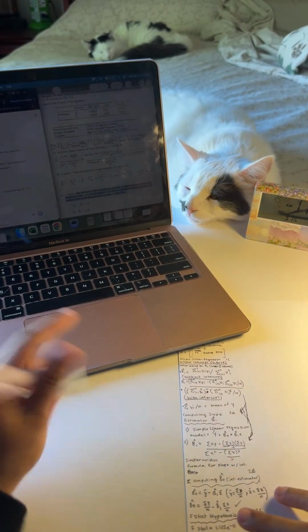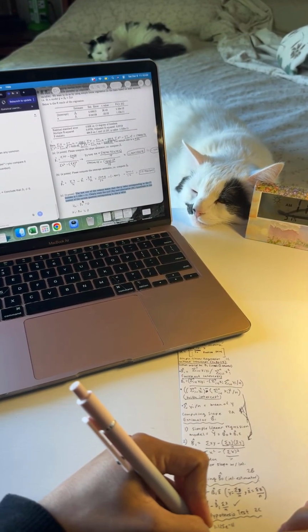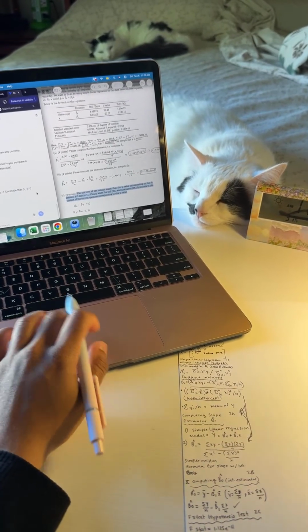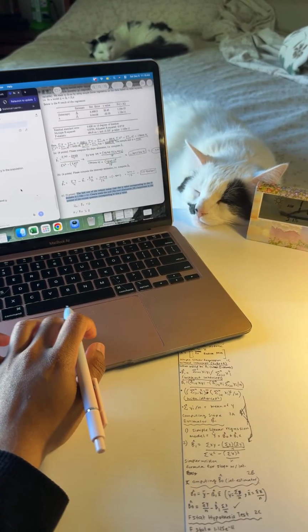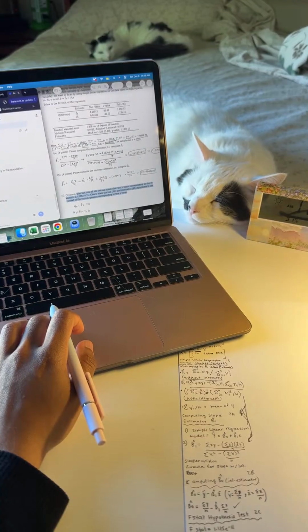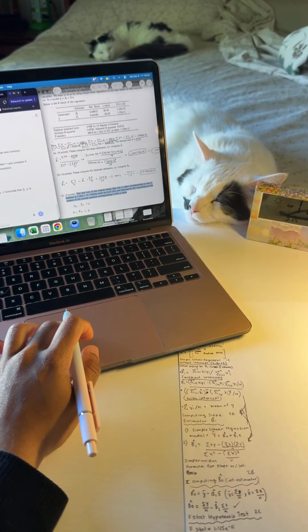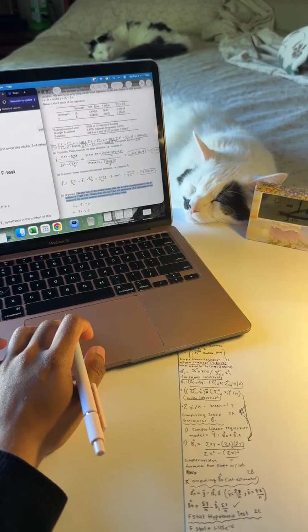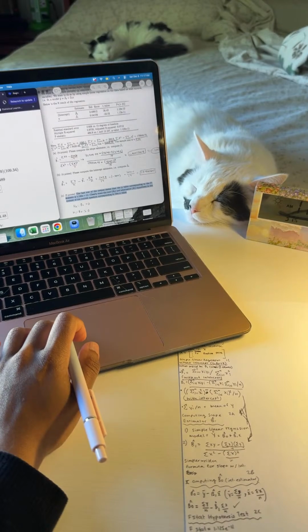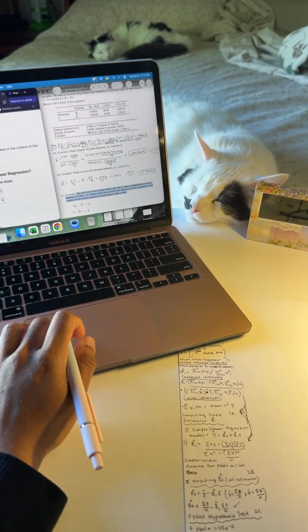Okay, so put it in simple linear regression.